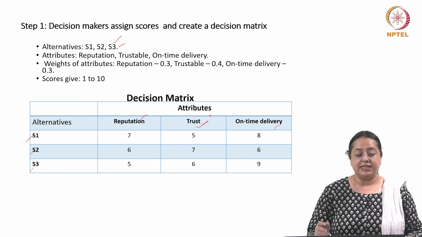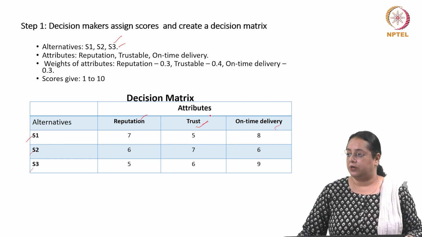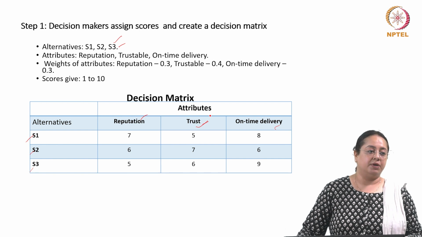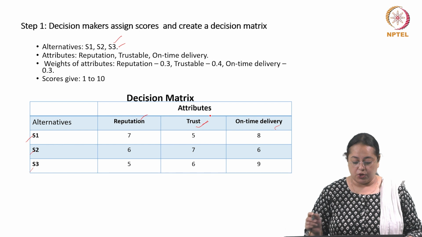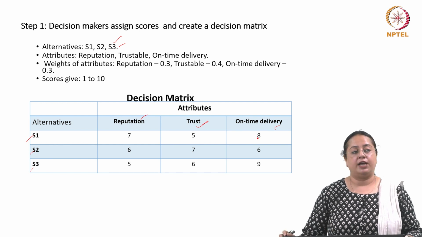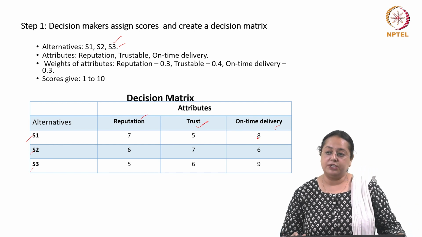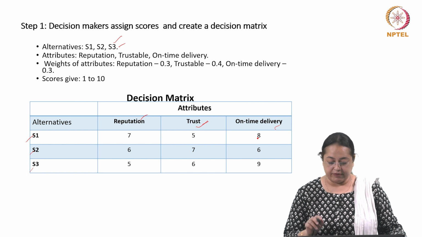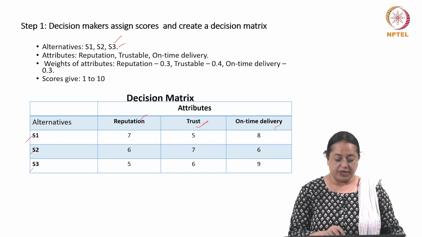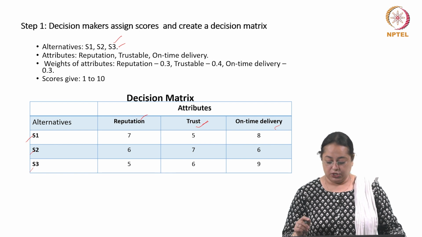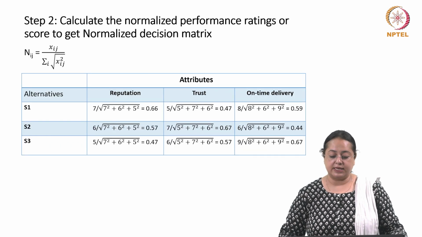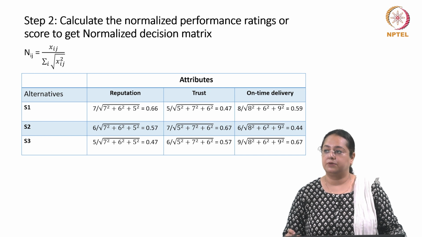Those indicators can also be accommodated in MCDM methods, and so in TOPSIS. Suppose between 1 to 10 the experts have given the scores. So we have got the scores, but we need to normalize them. So the second step is to normalize it.